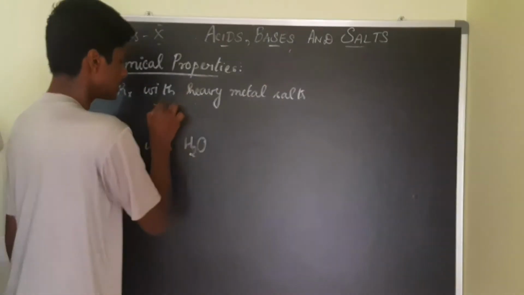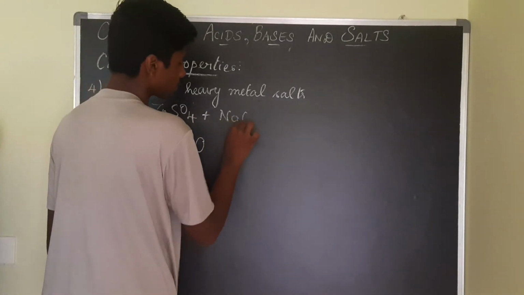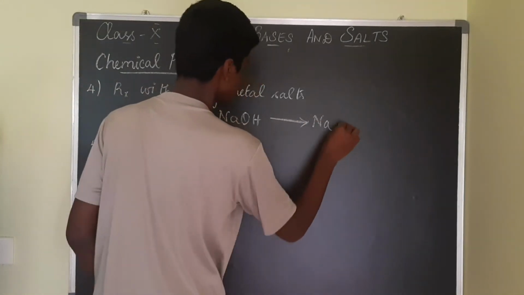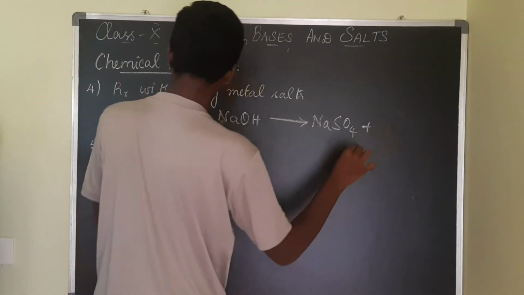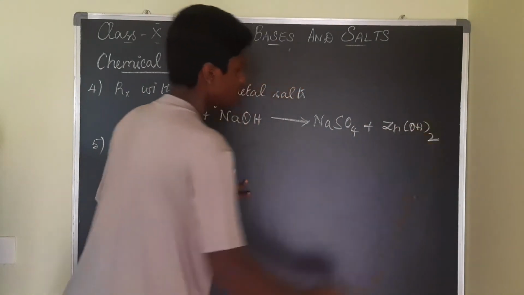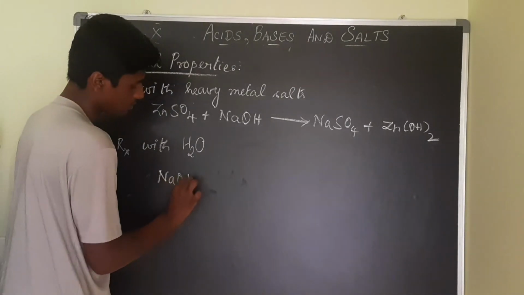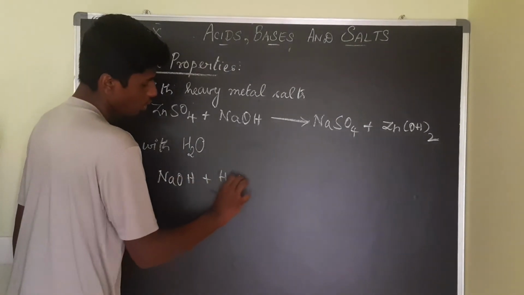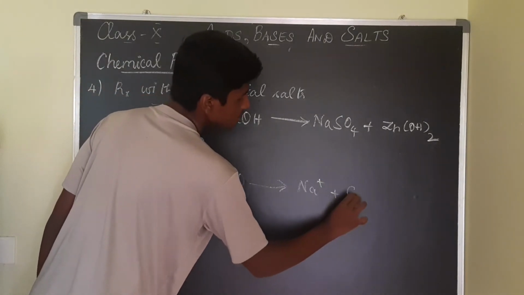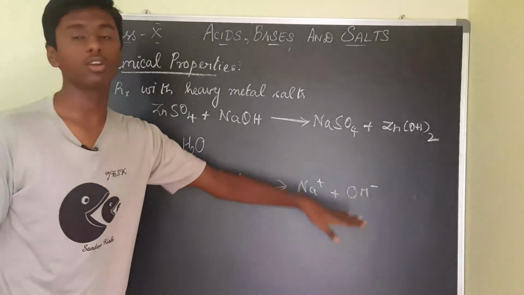Zinc sulfate reacting with sodium hydroxide gives sodium sulfate plus zinc hydroxide. Next, reaction with water. NaOH reacting with water gives Na plus and OH minus. That is, NaOH is dissociated into ions.